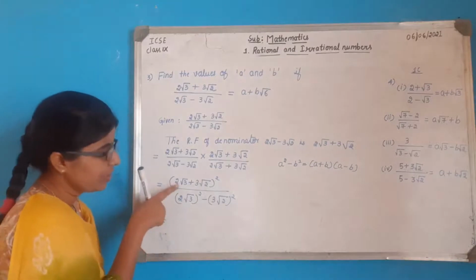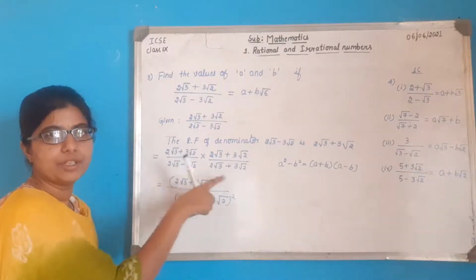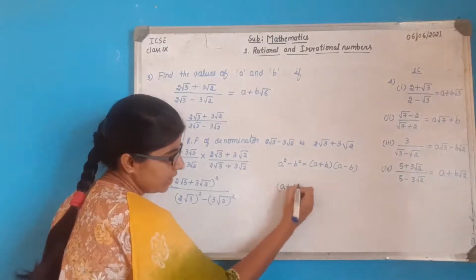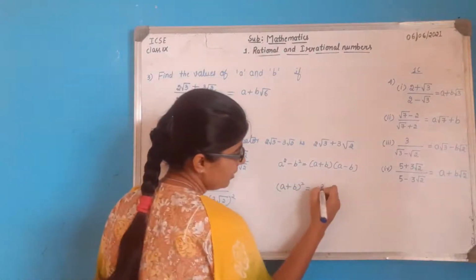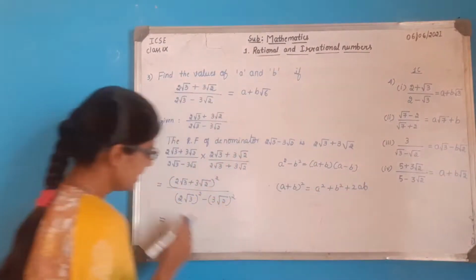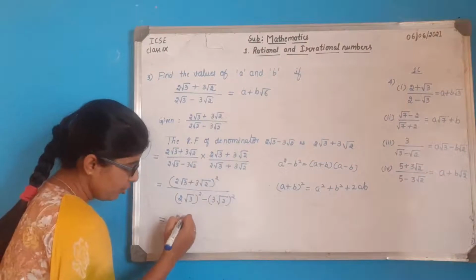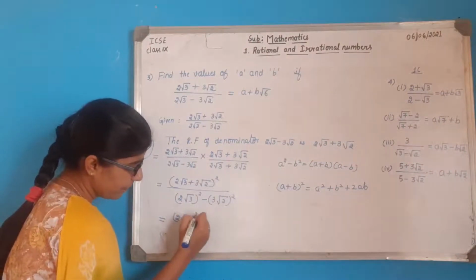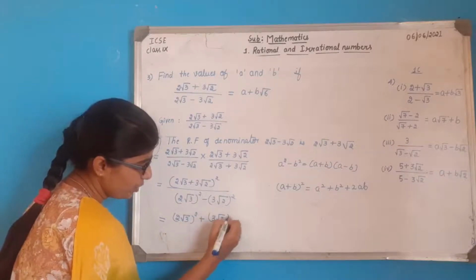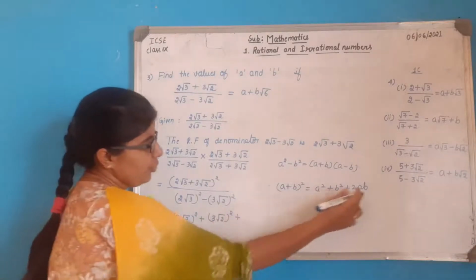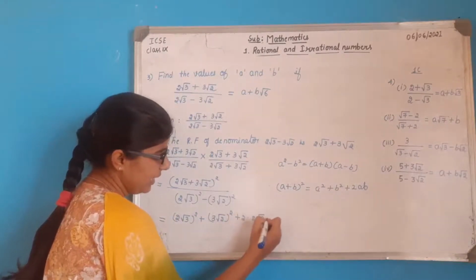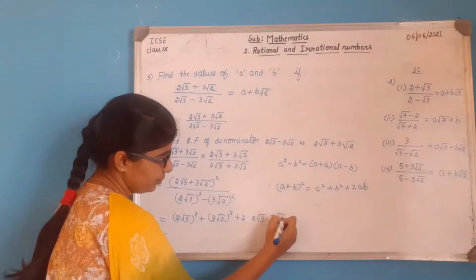Observe the numerator, it is in the form of A plus B whole square. So what is the formula for A plus B whole square? That is A square plus B square plus 2AB. Apply this. A value is 2 root 3 whole square plus B value is 3 root 2 whole square, plus 2AB, 2 into A value 2 root 3 into B value 3 root 2.